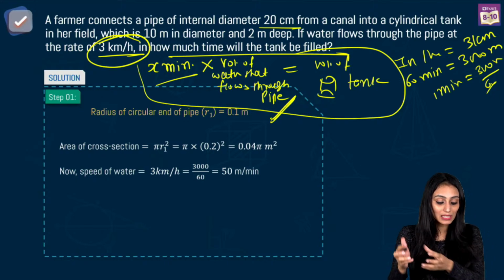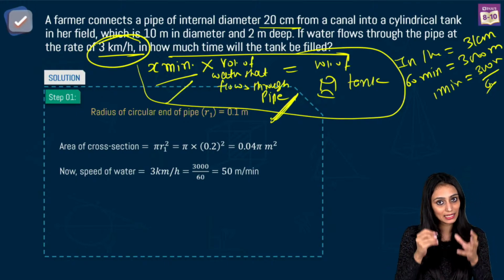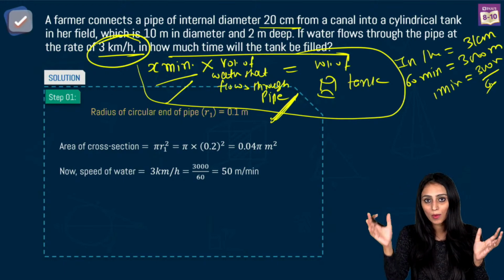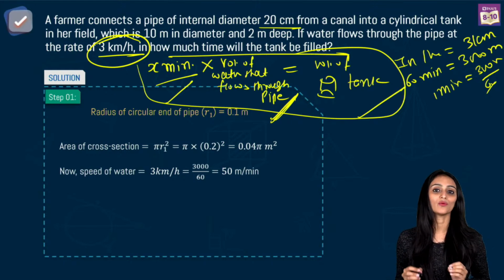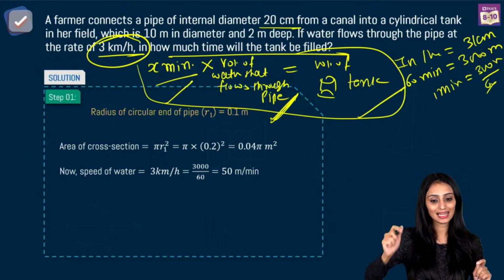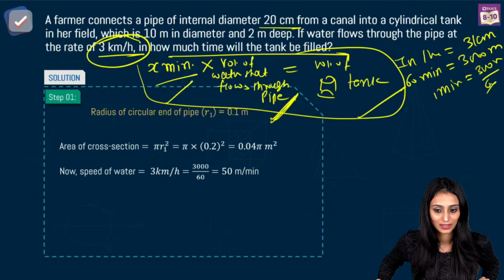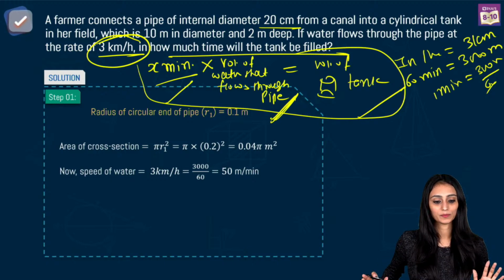So I'm multiplying that time with the volume of the pipe. The entire amount of water that flows through it in that span of time gives me the volume of water in the cylindrical tank that is to be filled. I hope this is clear now. Yes, Eric?